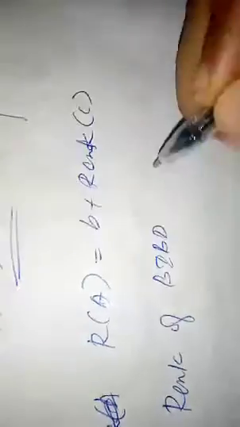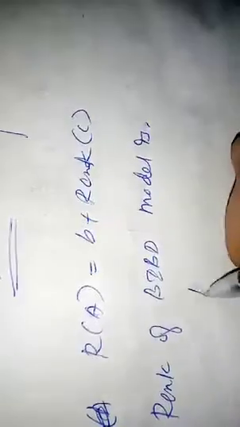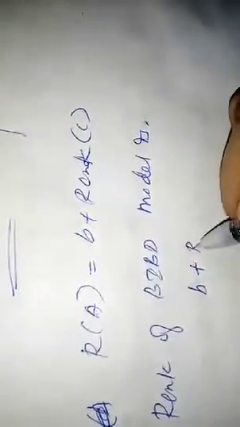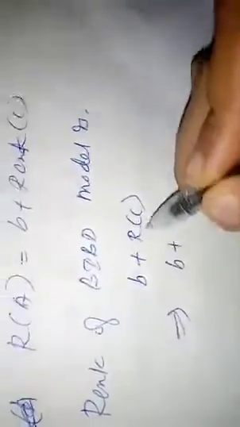We know that the rank of the design matrix A is b plus rank of C. So the rank of the BIBD model is b plus rank of C, which implies b plus v minus 1.